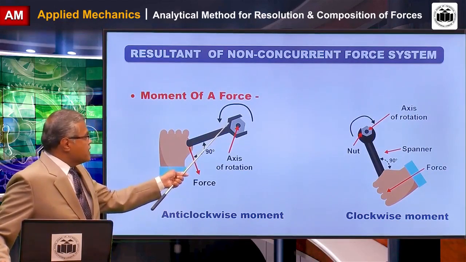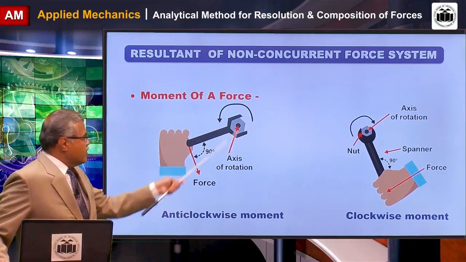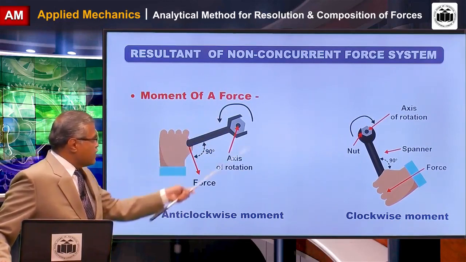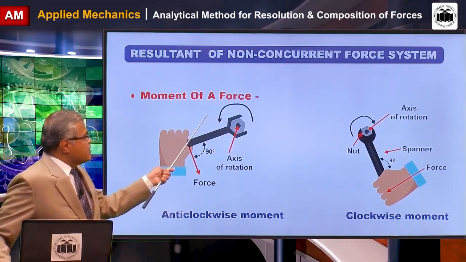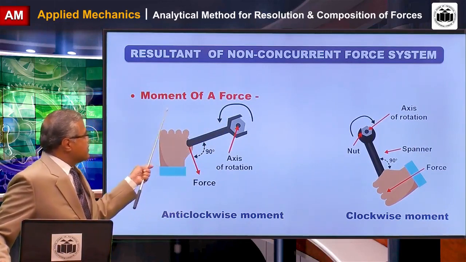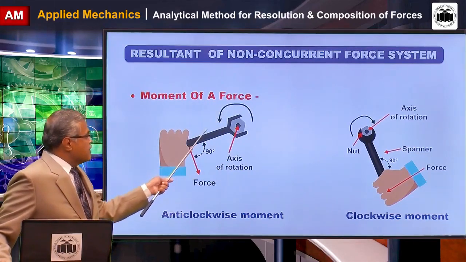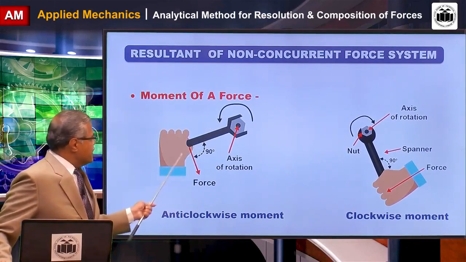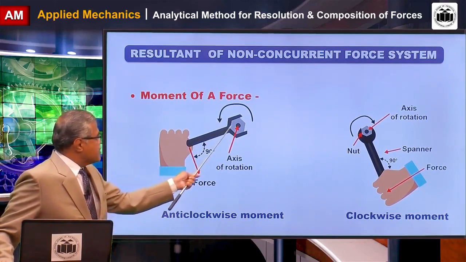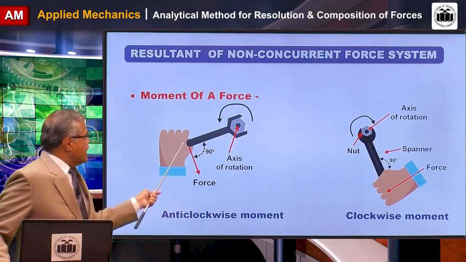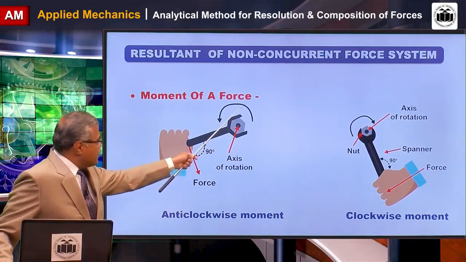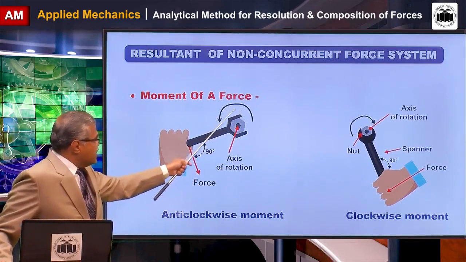The movement of this nut in the circular direction, or rotational direction, is called moment. This moment is mathematically expressed with the equation: this force multiplied by this distance, and being a rotational effect it has a nature.